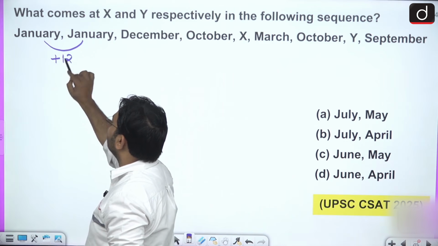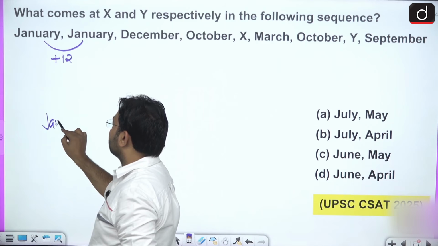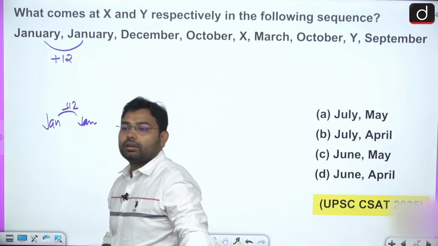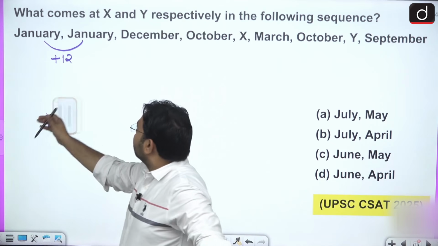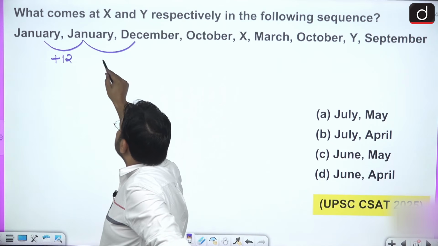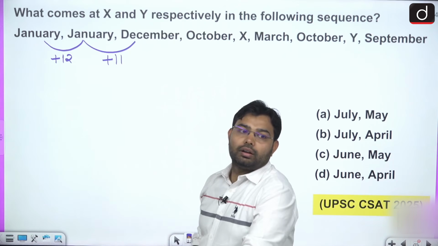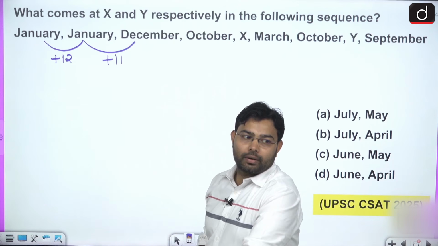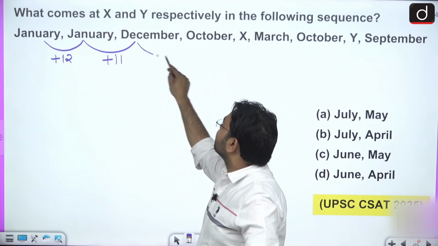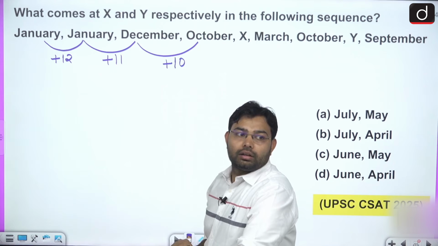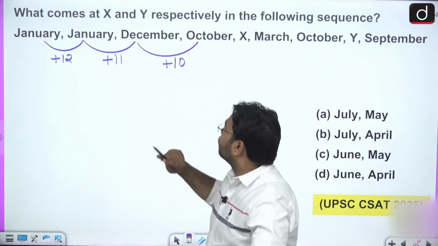If we add 12 to January, you get January again, no doubt. If you add 11, you get December. Then December, if you add 10, you will get October.